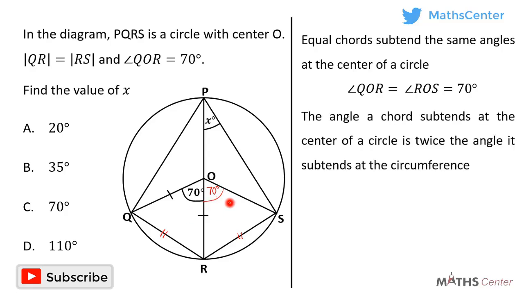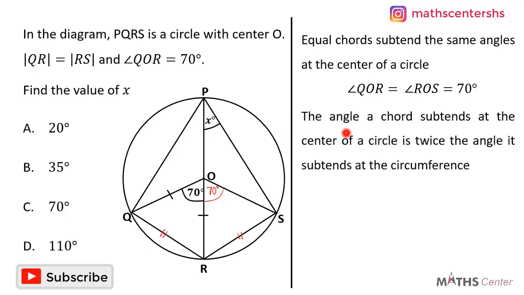Another theorem is that the angle a chord subtends at the center of a circle is twice the angle it subtends at the circumference. The chord RS subtends this angle 70 degrees at the center, and that same chord RS subtends this angle X at the circumference.